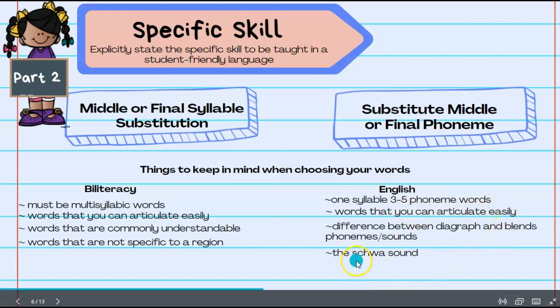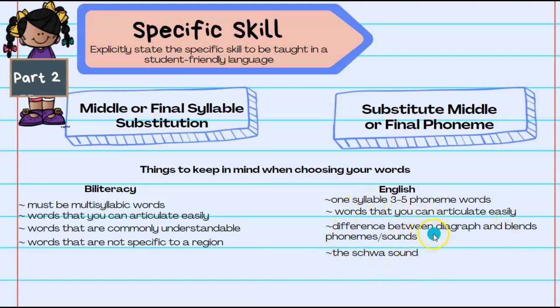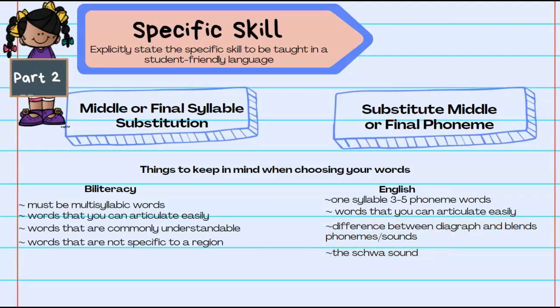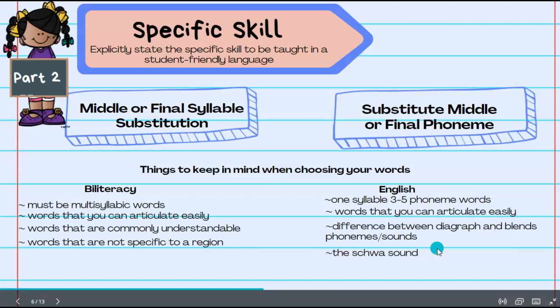A word of caution. You need to know the difference between digraphs and blends, and also between R-controlled vowel words. Let me give you an example. The word car, if I say the sounds in car, I would say k, r. So car only has 2 sounds. So that is not a word that would qualify.